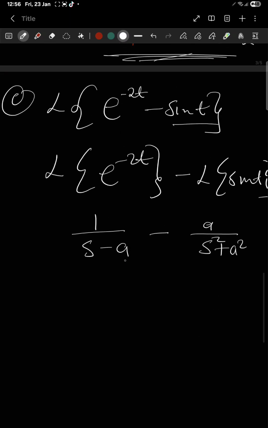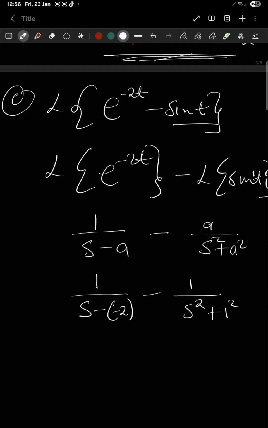So we know that our a in this case is negative 2. So you can say 1 over s minus, what is our a? Negative 2, minus, what is our a here? From the other side, our a is 1, because we are saying that it is Laplace of sine t, which is supposed to be Laplace of sine 1t. So our a in that case is 1 over s squared plus 1 squared.